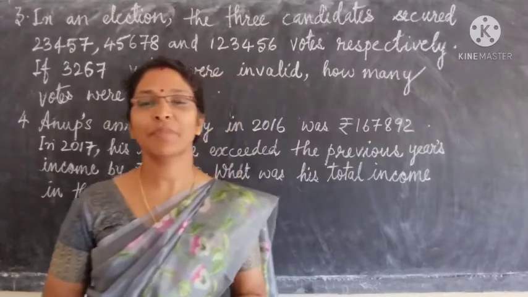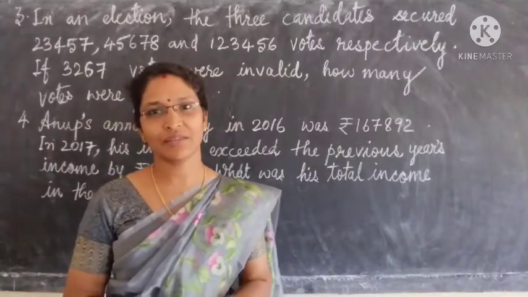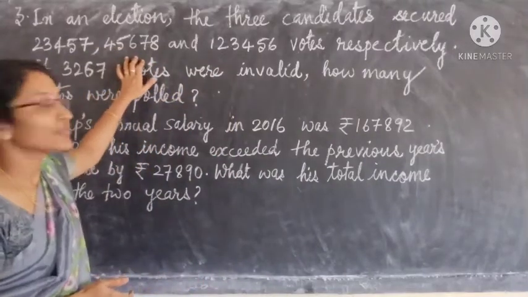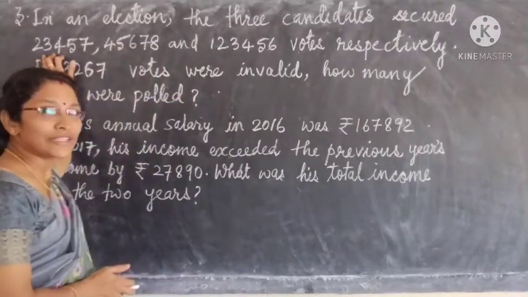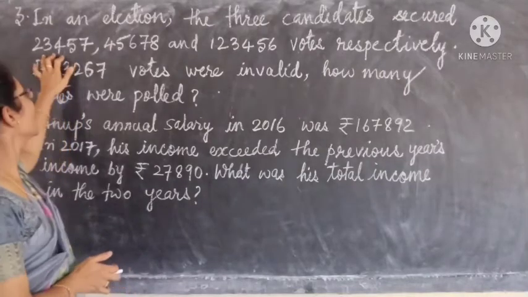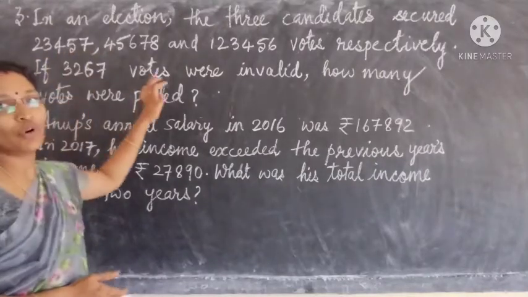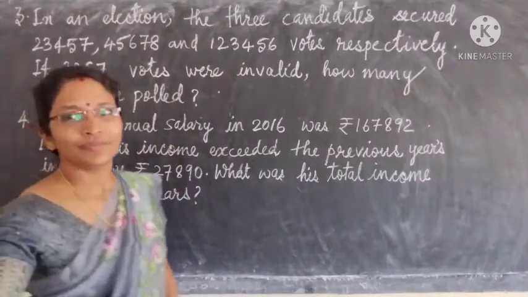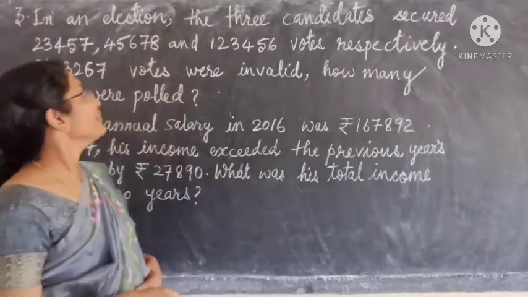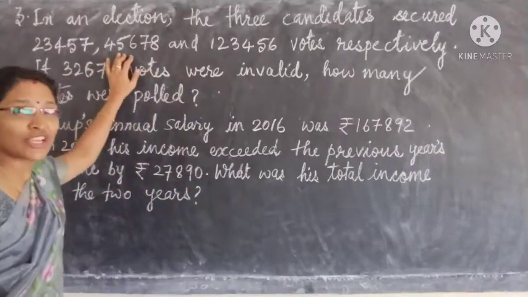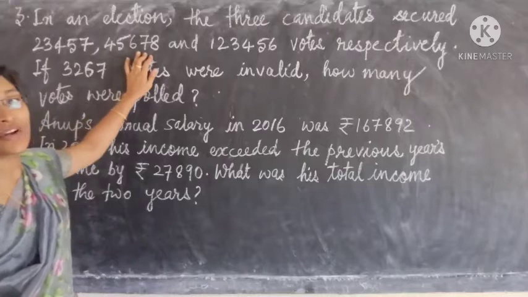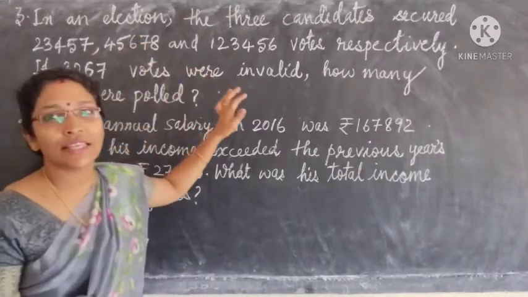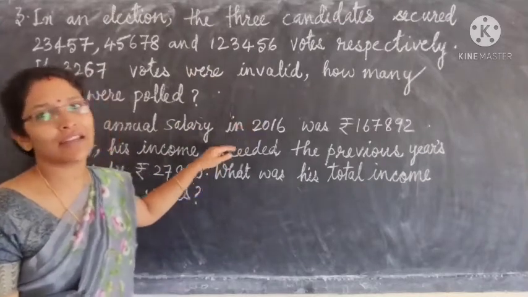Now the next step is to find out the statements. Statement, how to write? First number, what is it? It is the number of votes secured by the first candidate. Now, the next is 45,678. What is that number? That is votes secured by the second candidate.